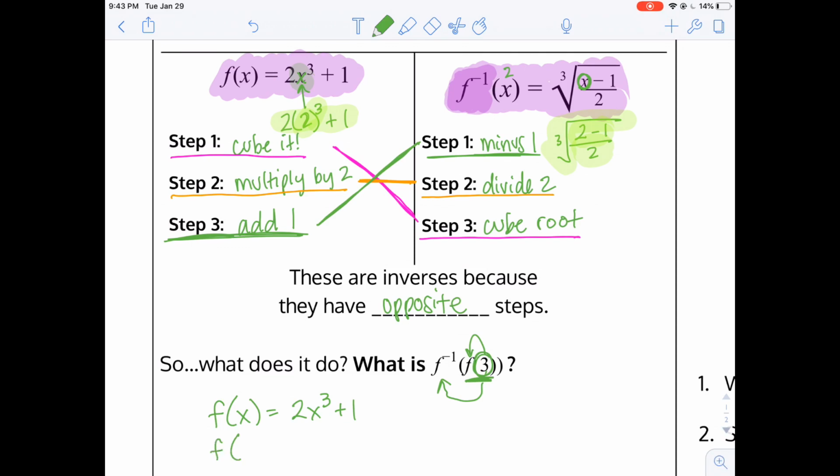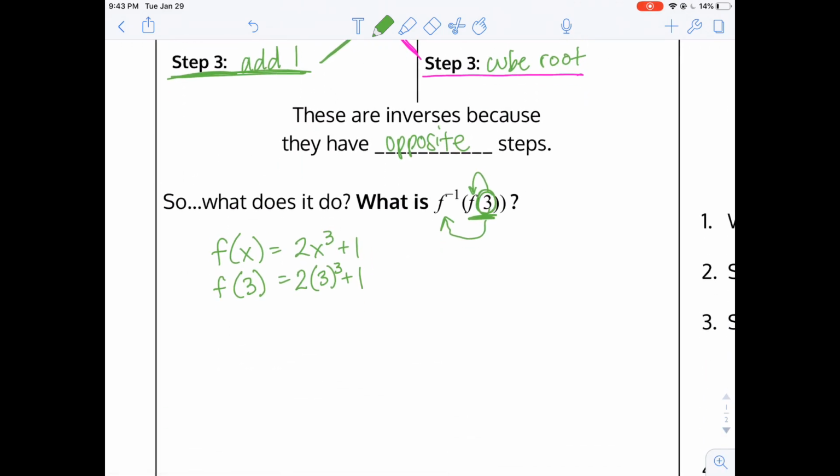We're changing out the x's and turning them into 3's. So we have 2 times 3 to the power of 3, plus 1. We're going to do our cube first. So 3 times 3 times 3, which would be 27, times 2, plus 1. This would be 54, plus 1. That makes 55 altogether. So that's f of 3.